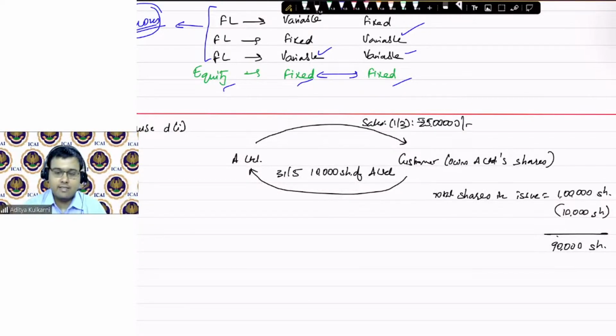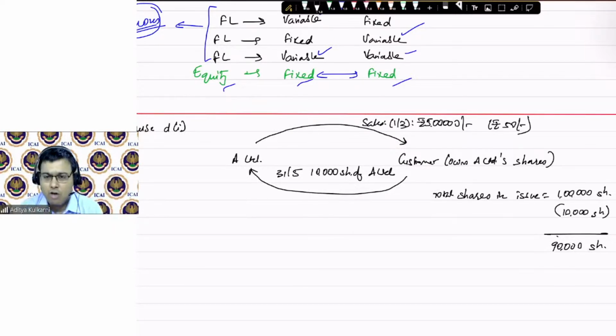Now, if the contract says the customer will issue 10,000 shares, 5 lakhs by 10,000. Okay, the price of the share is rupees 50 on this date.